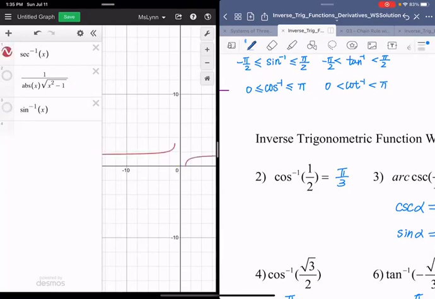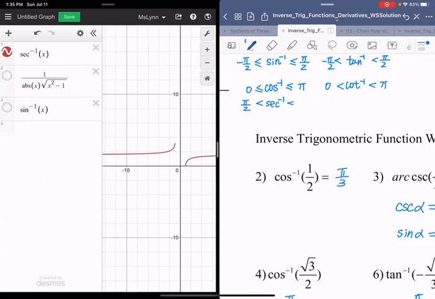How about secant? Secant inverse, you have to be very careful. Secant inverse, pi over 2 is the asymptote. Y equals to pi over 2 is the horizontal asymptote. So secant inverse could be bigger than pi over 2.